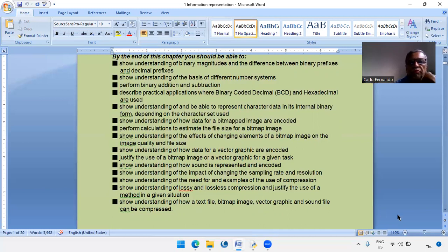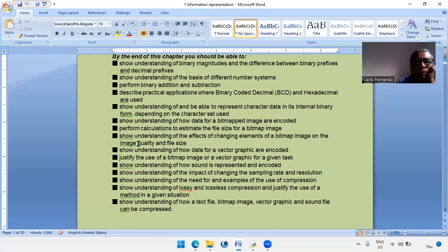There are 2 types of images. Perform calculations to estimate the file size. How do you calculate the file size? After creating a bitmap and you save it, there is a particular size for that file, depending on the image. How do you calculate that?